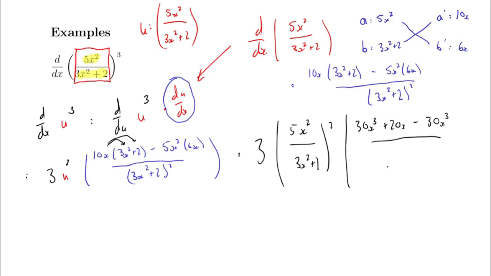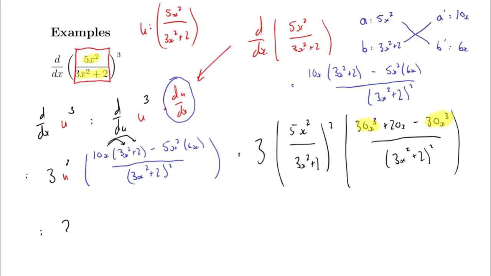All over 3x squared plus 2 squared. I don't know if I want to multiply that out or not. I'll leave it like this for now. I can always multiply that quickly later on. All right, this is good news so far because I've got that this 30x cubed minus 30x cubed is going to be 0, right? So now what I need to do is square the numerator and denominator here.